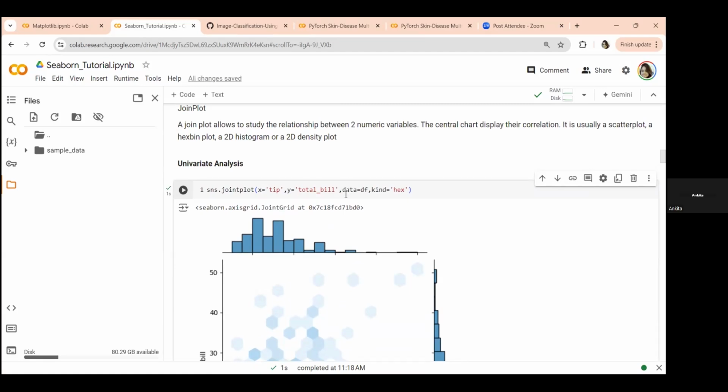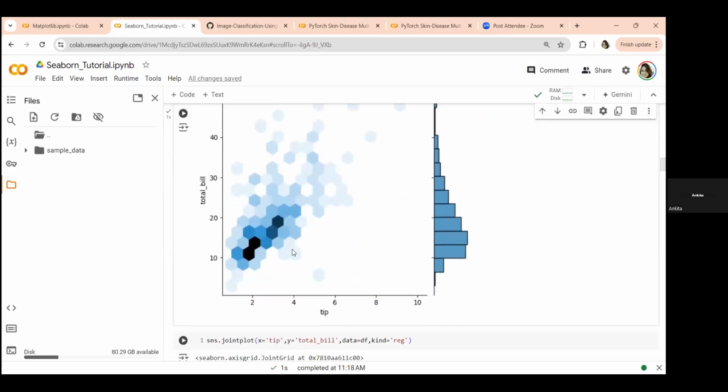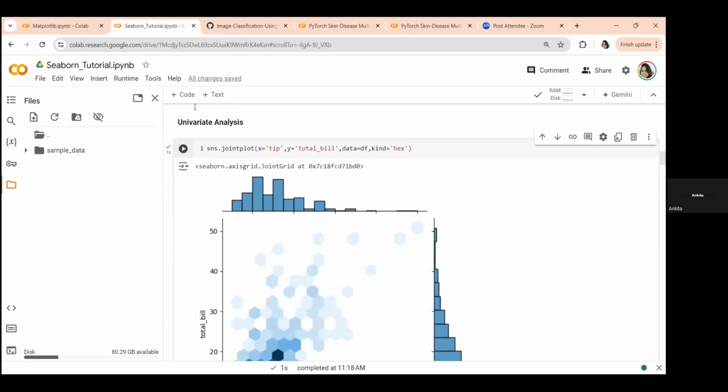Within data we pass our data frame, and we also set kind equals hex because of our data points. So when you are doing univariate analysis, you need this joint plot.